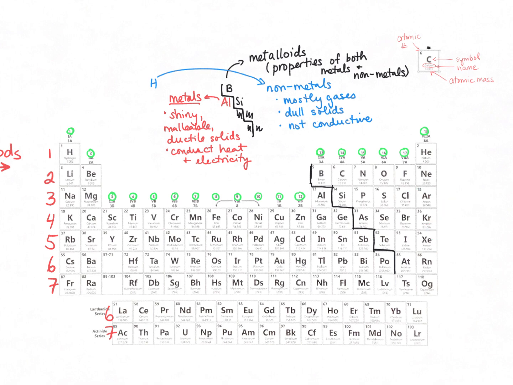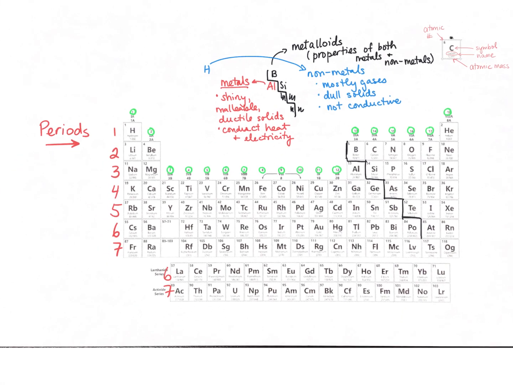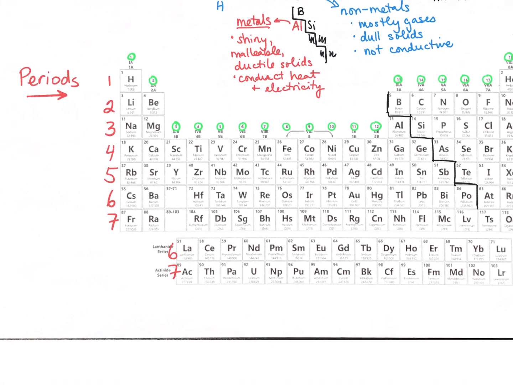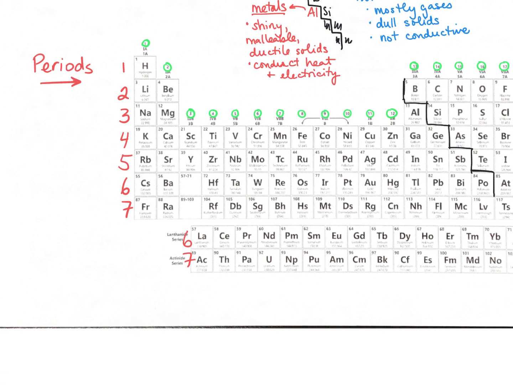Okay, so we can further classify the metals on the periodic table by their particular family name. I'm just going to draw your attention here to the alkali metals. Alkali metals are very soft, and by the way, since hydrogen is a non-metal, lithium, this Li, is the first alkali metal. So here we go down group 1.